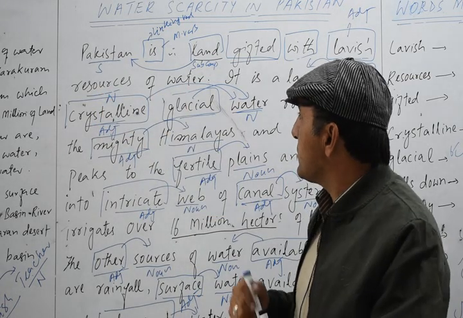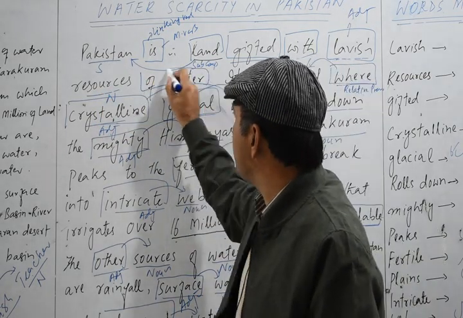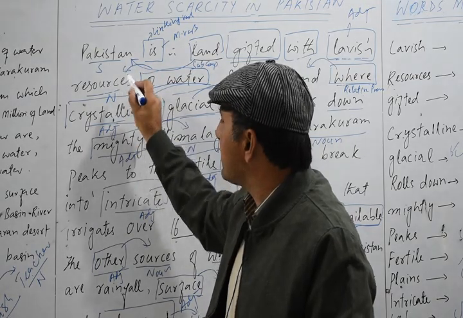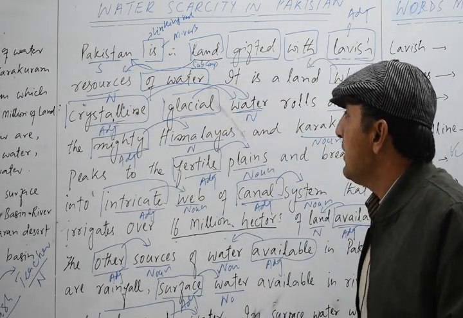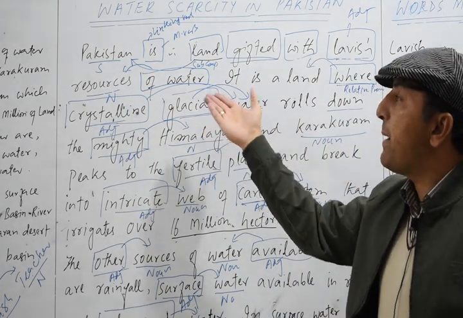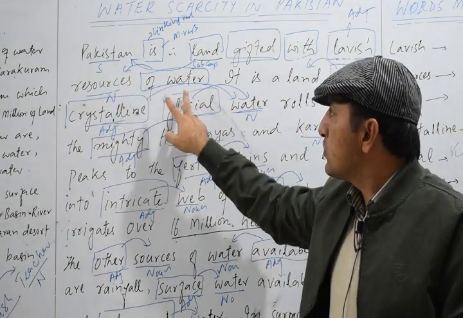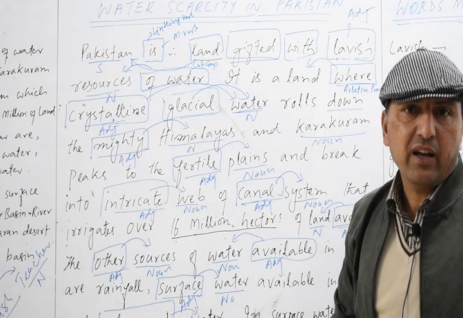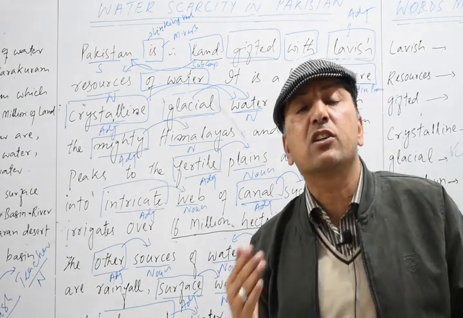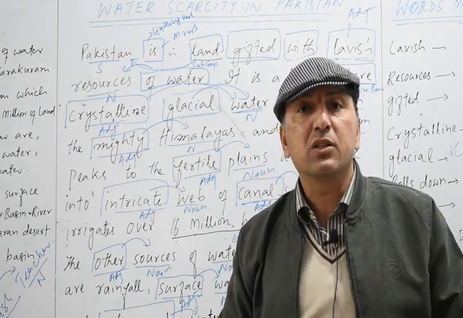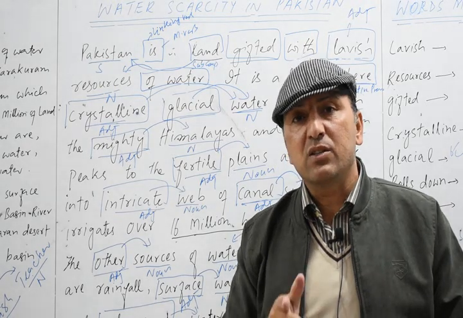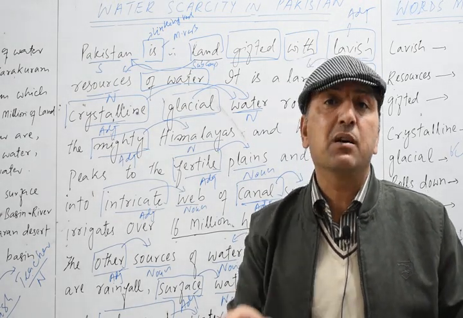Of water. This of water basically is the prepositional phrase, but here it also tells us about resources. पानी यानी वसाइल किस चीज के, पानी के. So of water is also a modifier. It also works as an adjective phrase. Resources is a noun, of water tells us about resources.